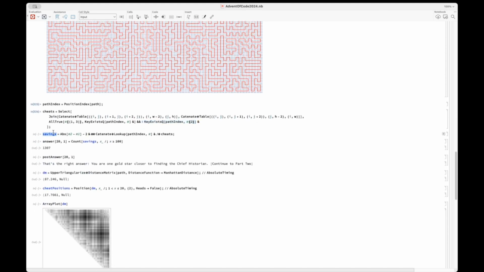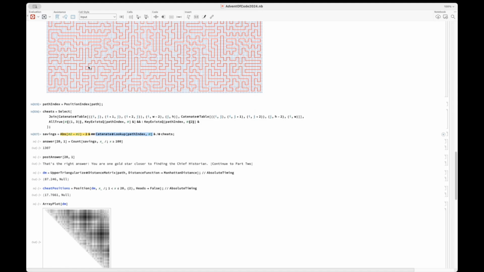And then here I'm computing the actual savings for each of those, because you know you're just cutting the path. If you know the position of that point on the path and the position of the end of the shortcut on the path, you can just subtract them, minus 2.